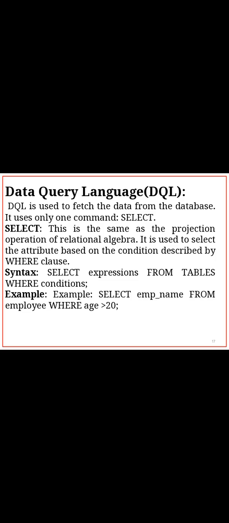If you want to select from your table some specific data, we can use this statement: select employee name from employee where age greater than 20. This DQL is used to query and retrieve data from the database.